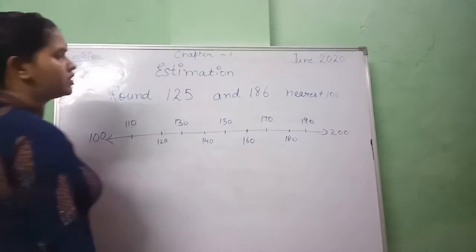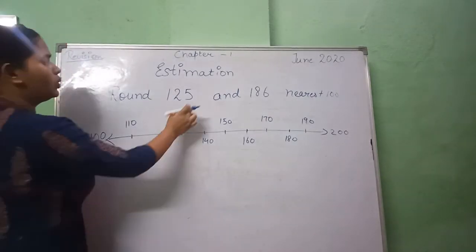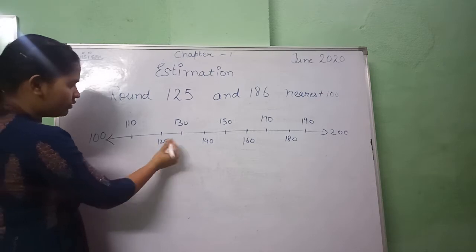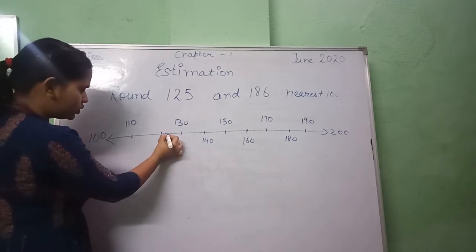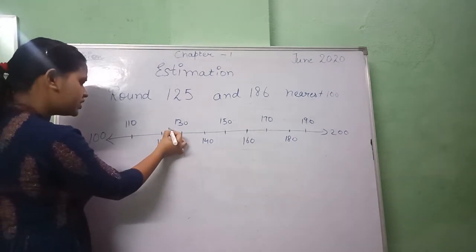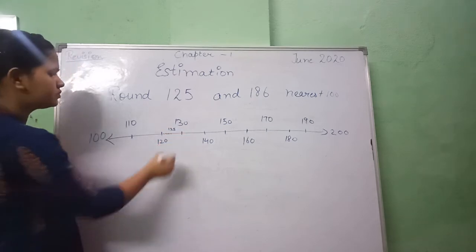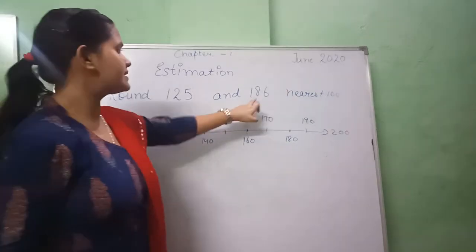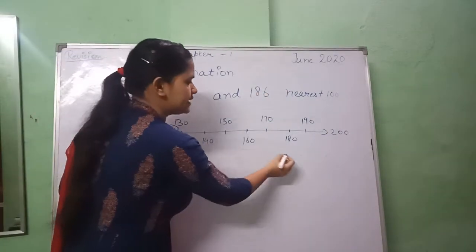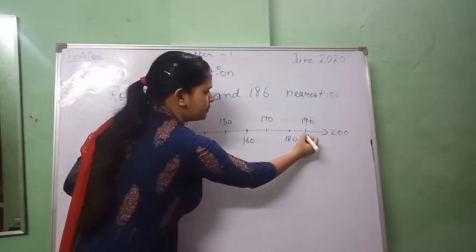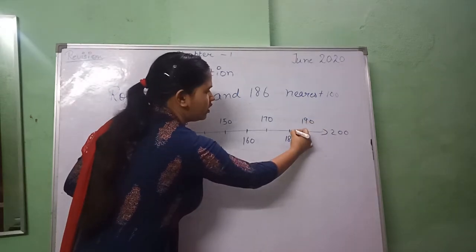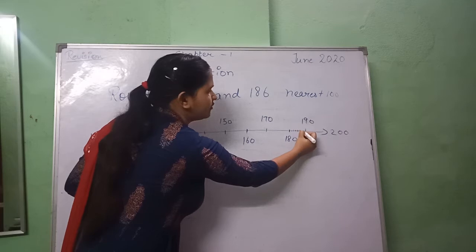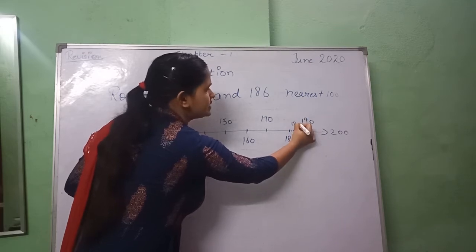So which one do we have to take? 125. So there is 120. We will count 1, 2, 3, 4, 5. So there will be 125. You can see here 125, and the next number is 186, which is nearest to 180. So we will add 181, 182, 183, 184, 185, 186.